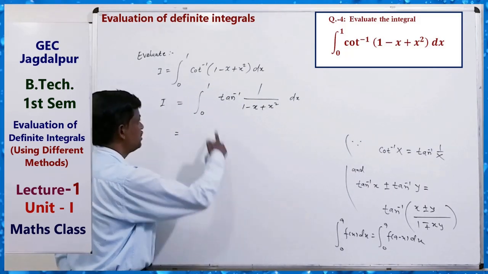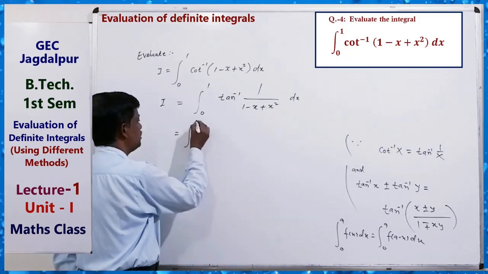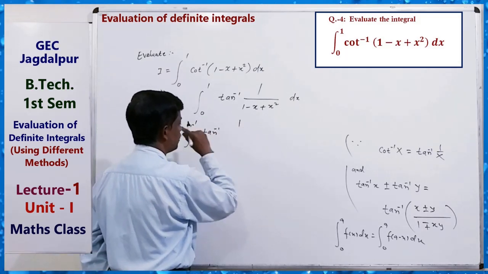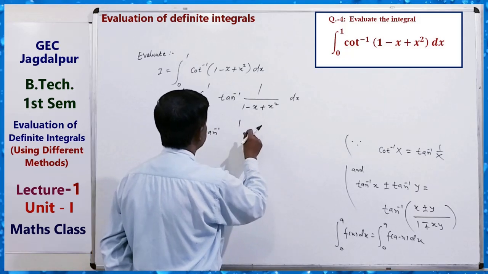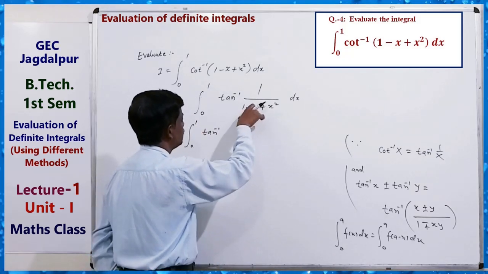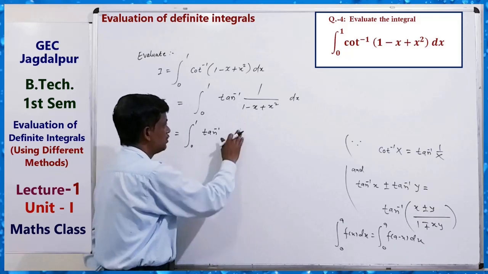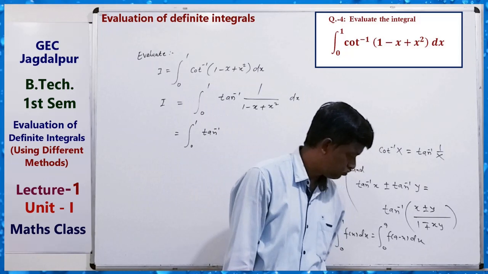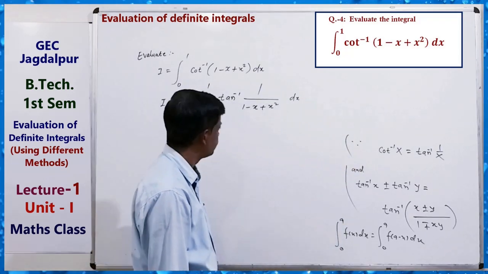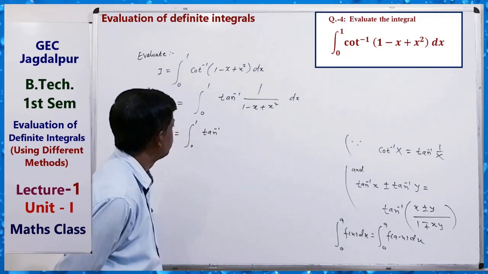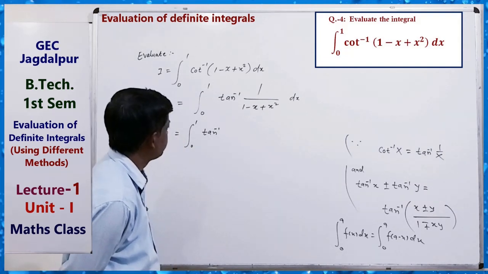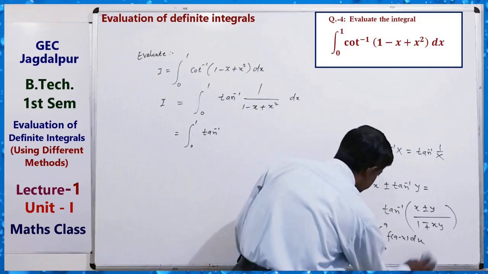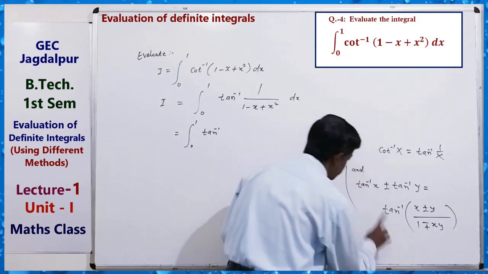By using this property here, we can write 0 to 1 tan inverse 1 upon... we can use this formula, not using this property. Okay.